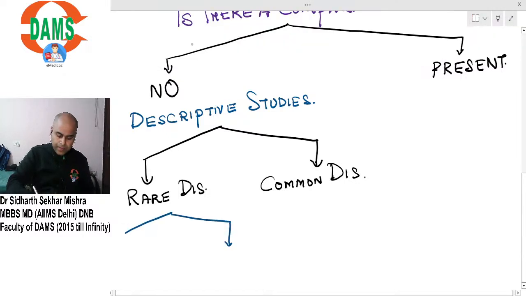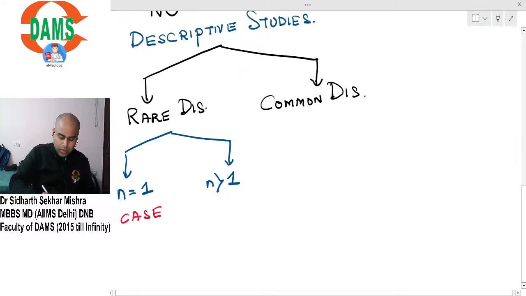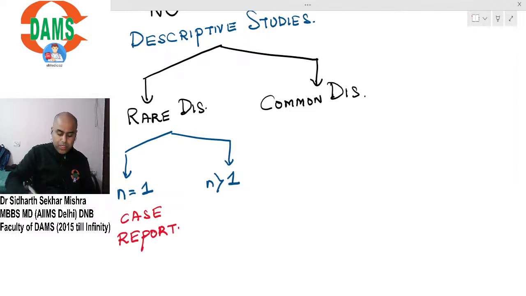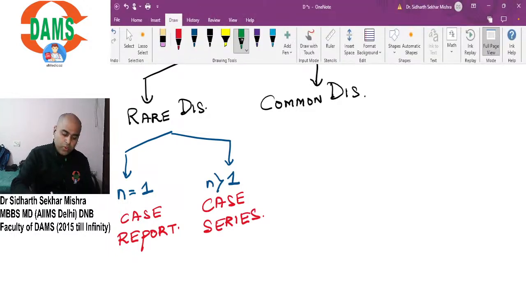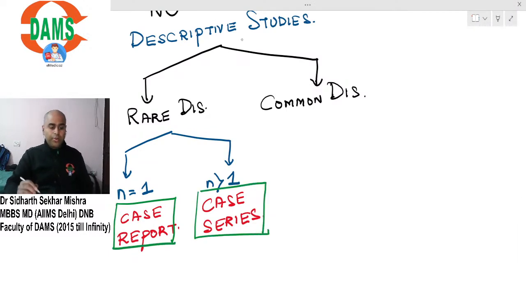And the sample size is 1, or the sample size is more than 1. If the sample size is 1, this becomes a case report. If it is more than 1, it is a case series. So I hope you can see how beautifully we have followed a flowchart to come down to case report and case series.